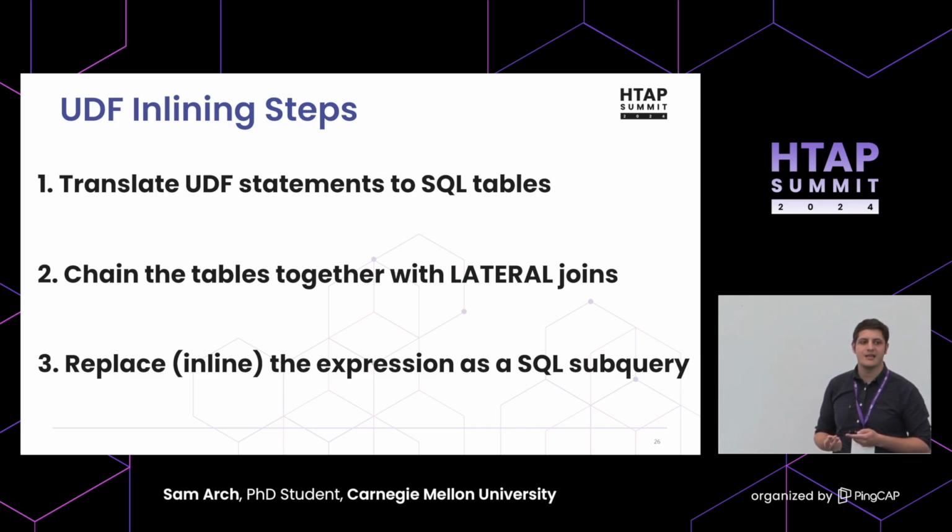Second, you chain the tables together with lateral joins. And lastly, you replace the UDF call, this is the inlining step, with the translated SQL expression as a SQL subquery. Because you're swapping this function call with this translated SQL code, that's where the inlining name comes from.